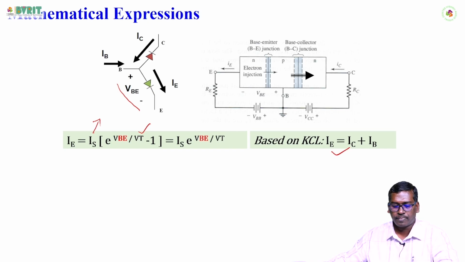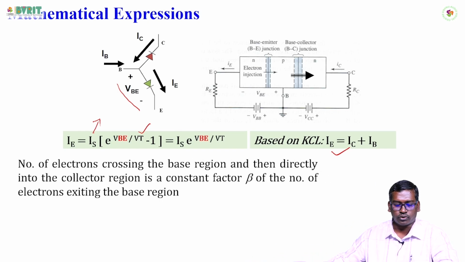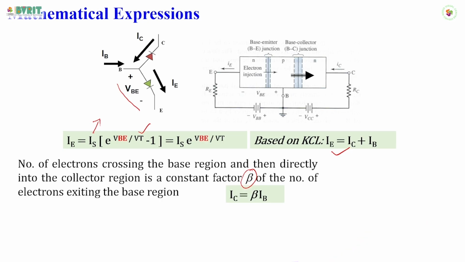IC plus IB. The number of electrons that cross the base region and go into the collector region is a constant factor.